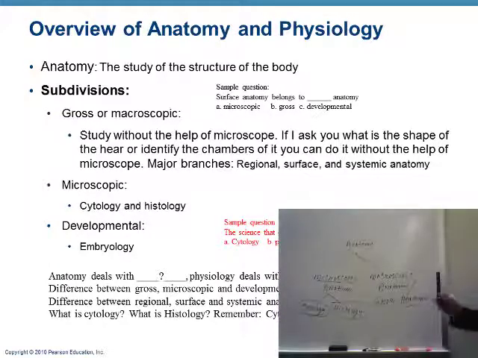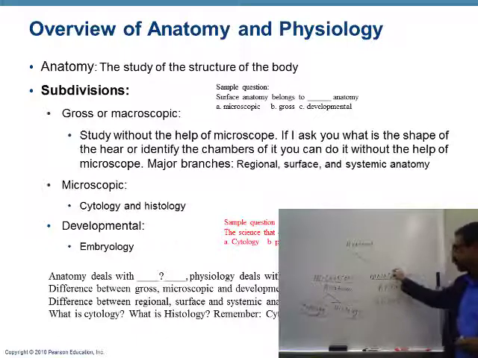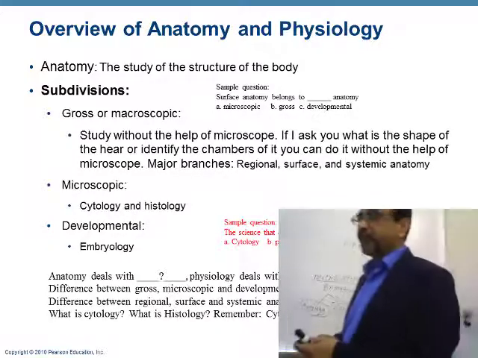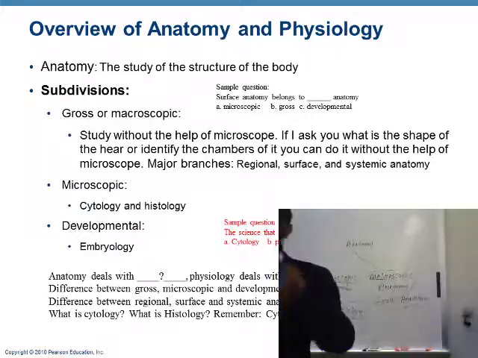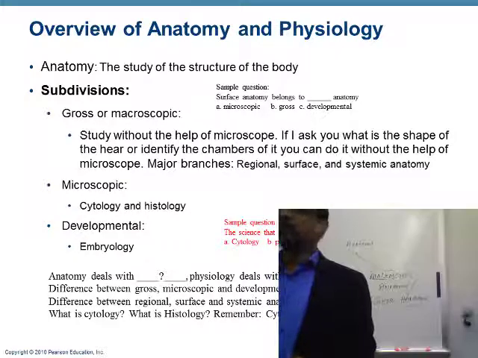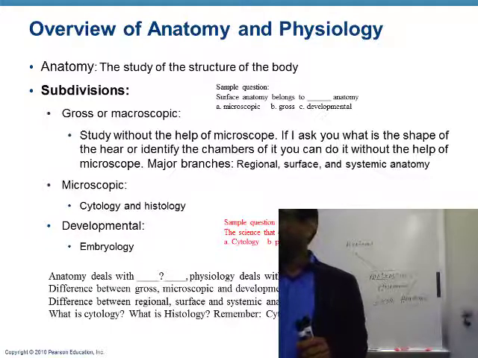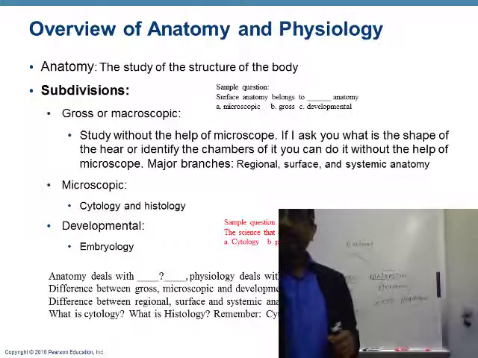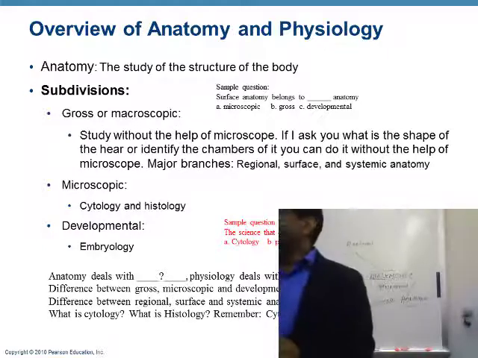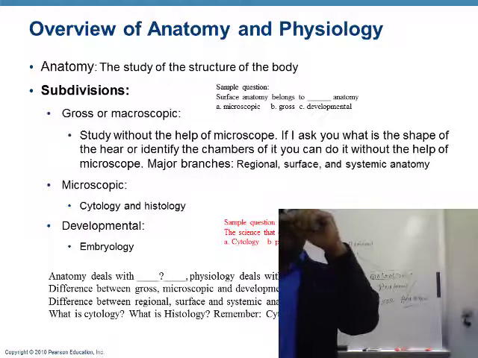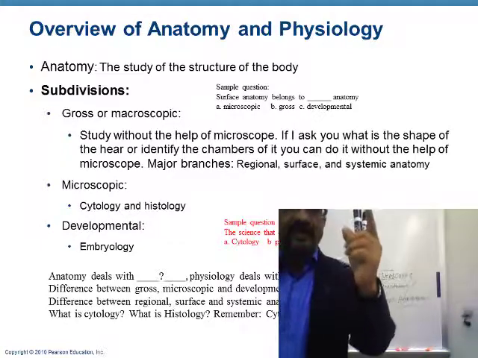Macro means large or big. So macroscopic anatomy is the study of large structures of the body. For example, if I show you a heart, okay? If I show you a heart, you see over there, without microscope, you can tell, right? By looking its shape, size, right?